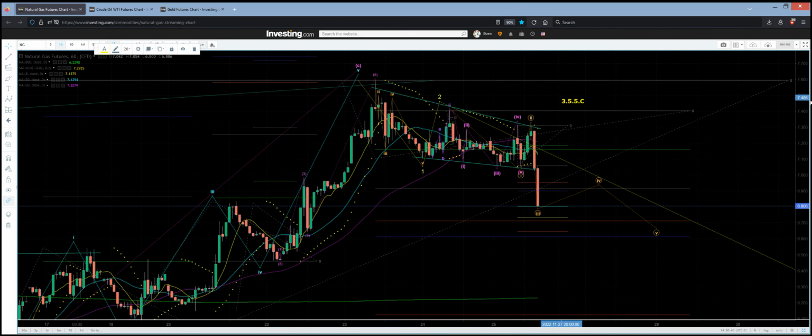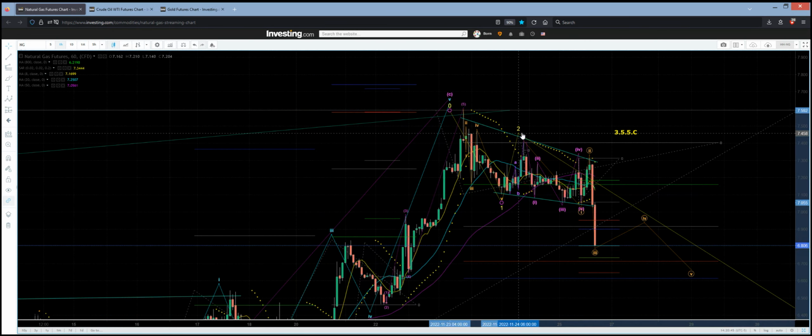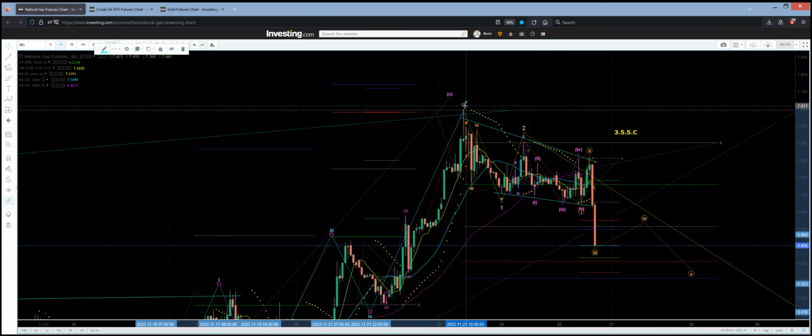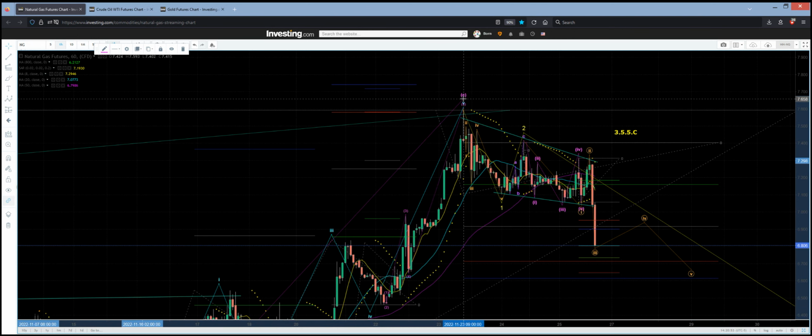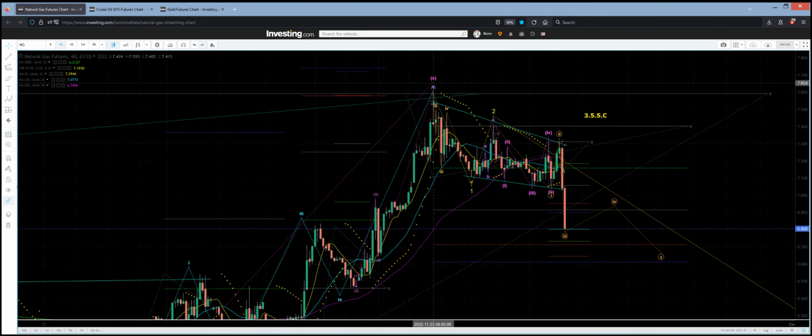I don't think it's absolutely correct, but from what this looked like and the count, I have to change all of this, fix it and move it. This is wave 4 here, primary, okay? So 1, 2, 3, 4, we got again another leading diagonal with the elongated wave 5 for wave 1.